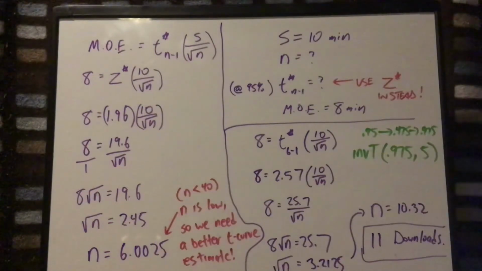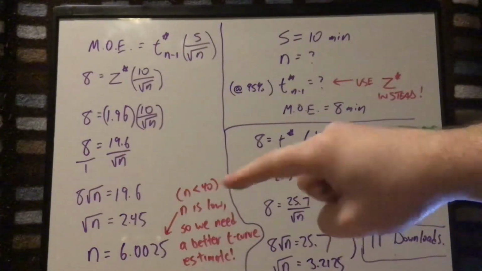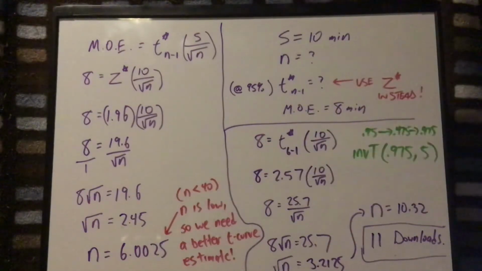Now, here's where you, in this case, have to go on, but in other scenarios, you might not have to go on. So let me explain why we need to go on this case. Remember, I had mentioned that if the sample size was bigger than 40, the t-curve and the z-curve, or the normal curve, would essentially be so close to the same it wouldn't matter.